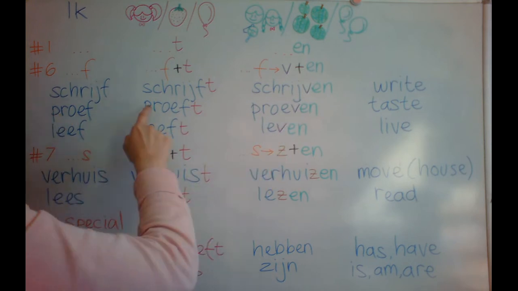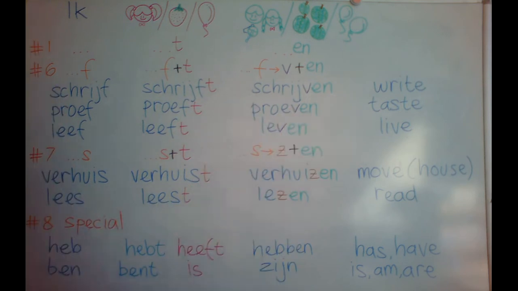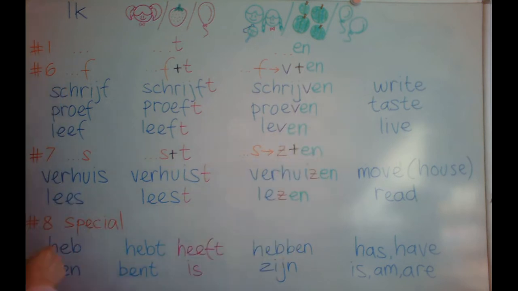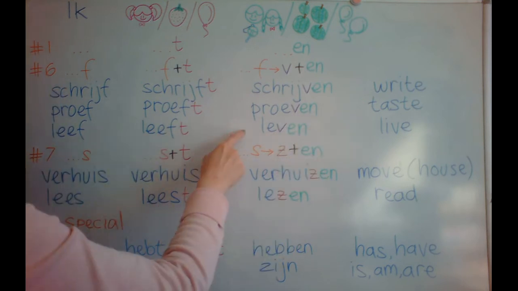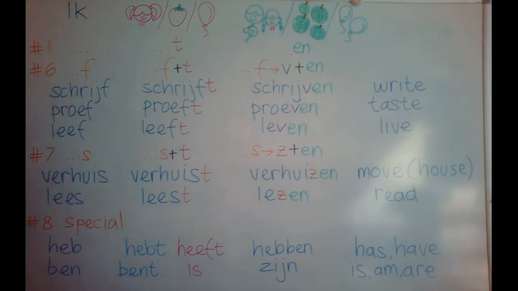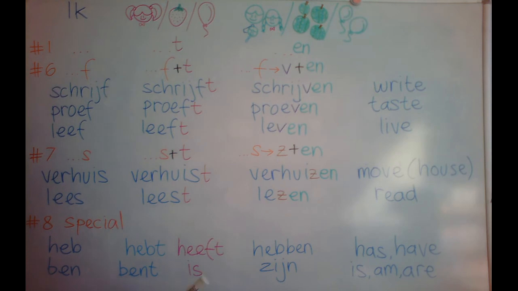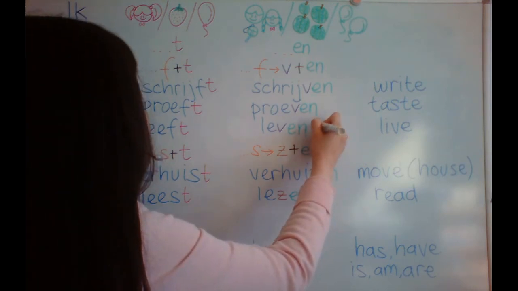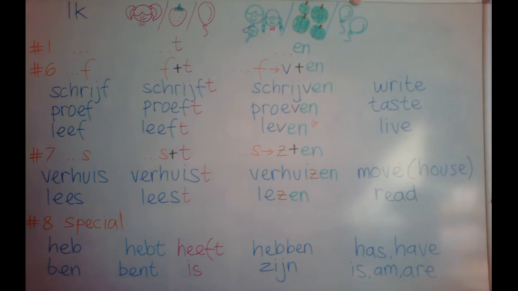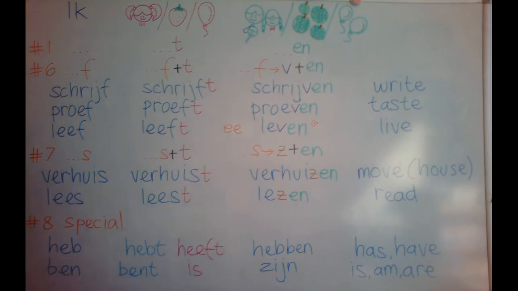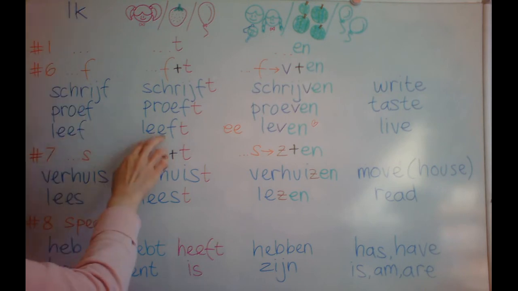Schrijf, schrijft, schrijven. Write. Proef, proeft, proeven. Taste. Leef, leeft, leven. Live. But there's a special case for the third one. I will put heart here, because it has another rule, which is the twin vowels here.